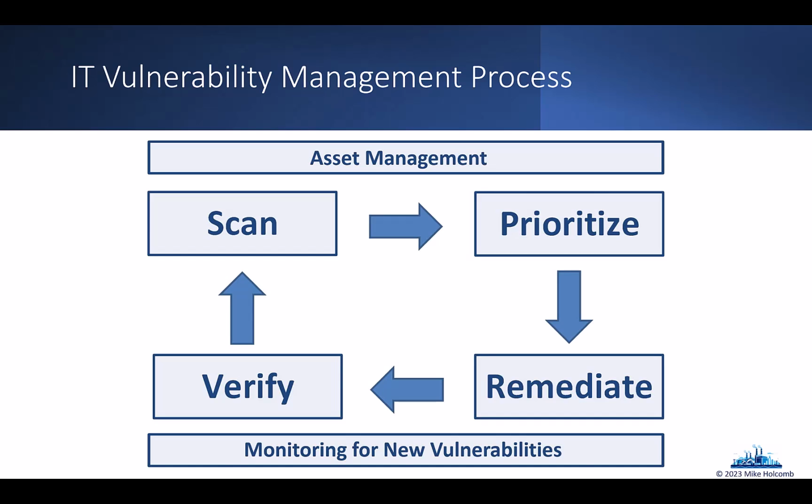But going back to our screen, so we scan for vulnerabilities, we assign risk levels to those vulnerabilities so we can prioritize which ones we're going to fix first. Then we're going to work with the appropriate owners of those vulnerabilities to get them fixed. And then once they believe they have them fixed, we're going to rescan. We're going to verify that the work that they did, or they think they did, right, remediated the issue.